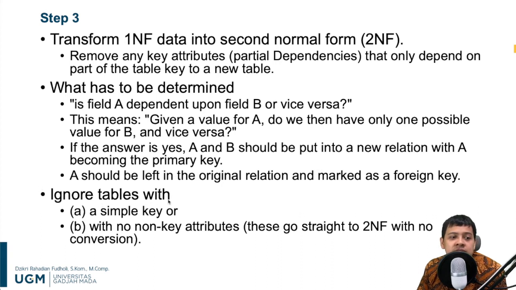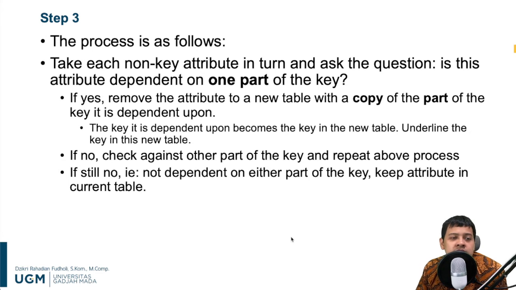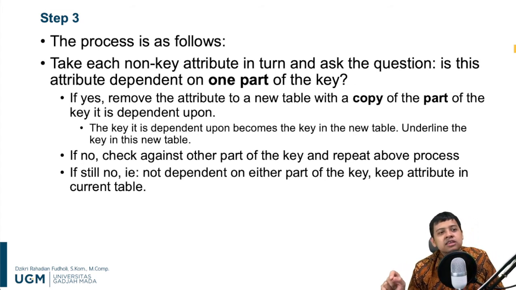We must ignore tables with a simple key, which is only one key, and with no non-key attributes. Without a key, it also cannot be done. We'll always go straight to the 2NF. The process is as follows. We take each non-key attribute in turn and ask the question: is this attribute dependent on one part of the key?